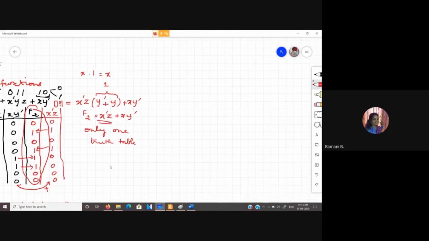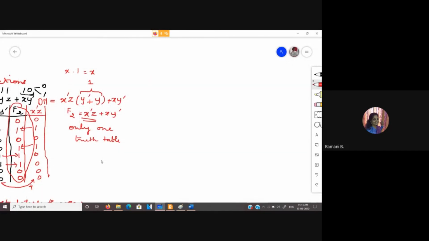I will draw the logic diagram here. So you have three variables. For the OR operation you need an OR gate, for the AND operation you need an AND gate, and for the complement operation you need a NOT gate.